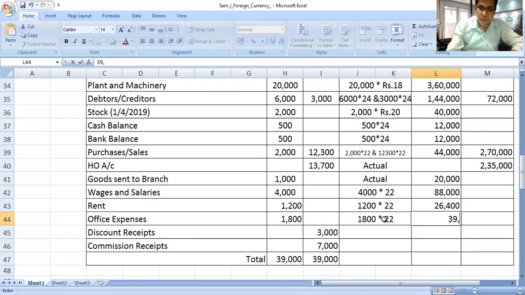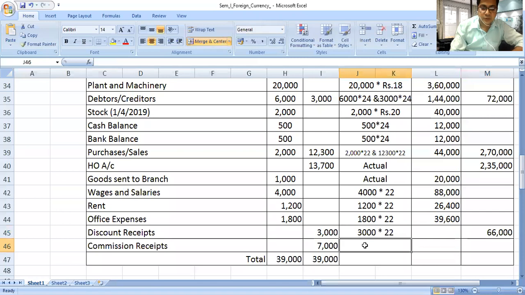The amount 39,600 is the value of office expenses. Then discount received, which means income. Expenses and incomes are always recorded at the average rate. Here 3,000 is an income we show at the average rate, and its value will be 66,000. Then commission received is also income, and also at the average rate.